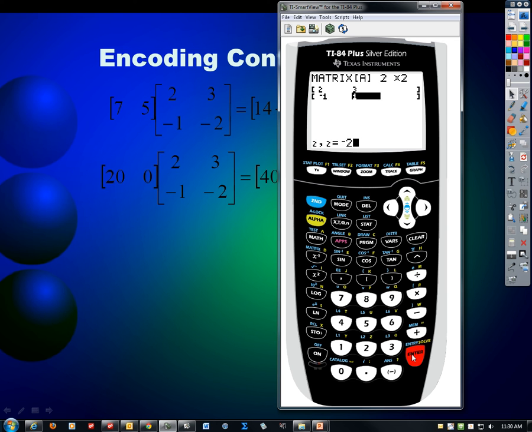Let's go ahead and put this little guy in for matrix B. So we'll always do B times A. I want this to be a 1x2, and it's going to be 7, 5.